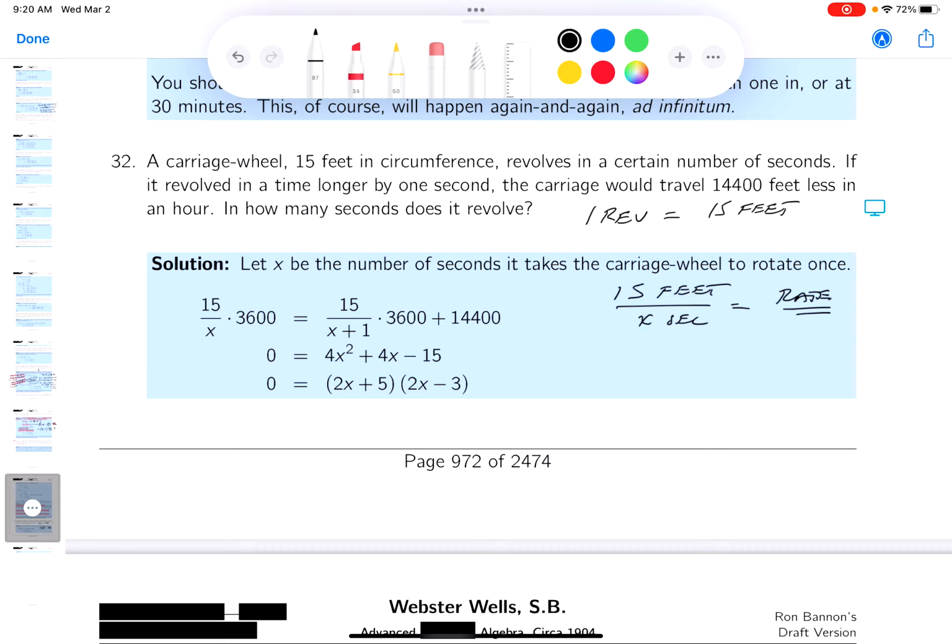It says if it revolved in a time longer by 1 second, that means if it slowed down. Well, if it slowed down, its rate would be 15 feet over X minus 1. I'm sorry, slowed down, X plus 1. It takes longer, right?